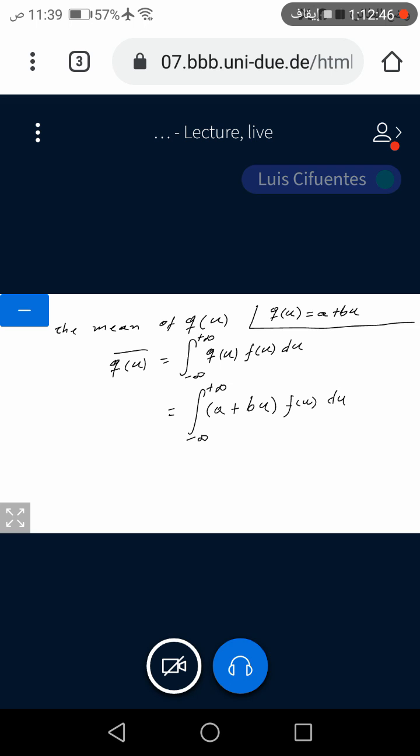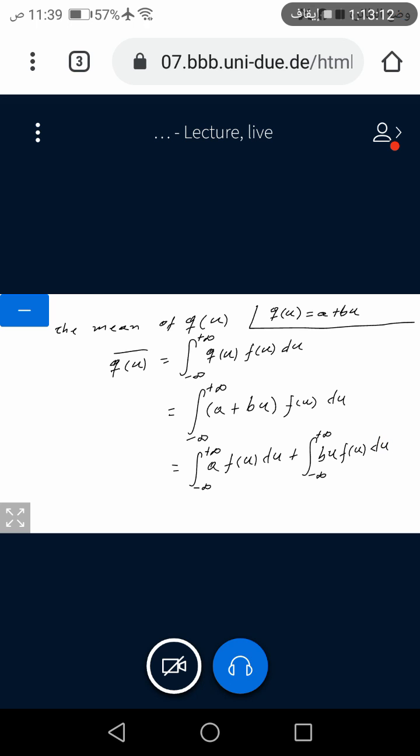Let's do this. I'm just going to split the integral. Let's say that A and B are constant.